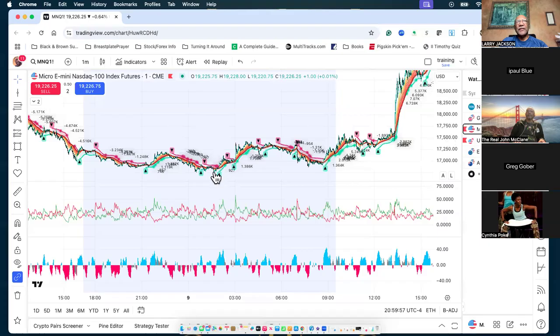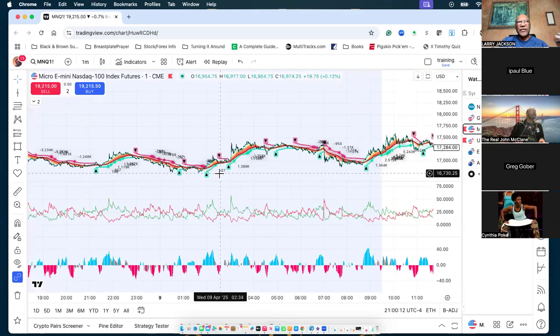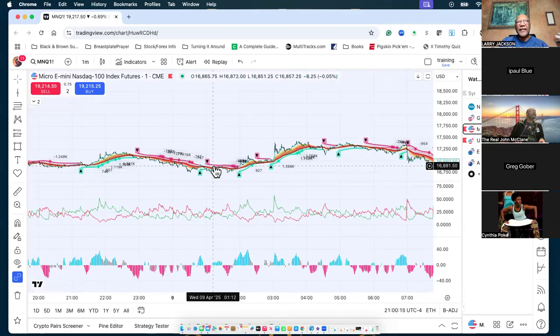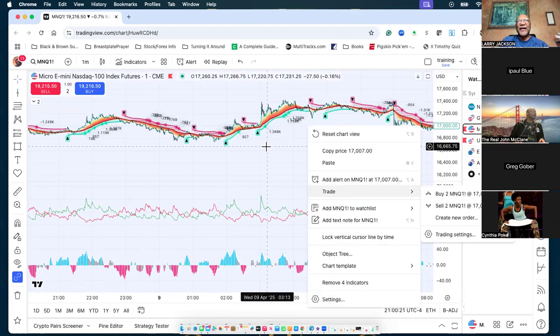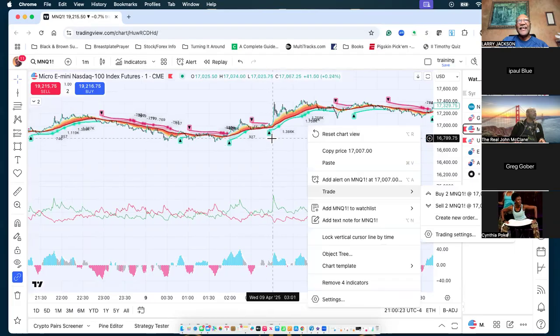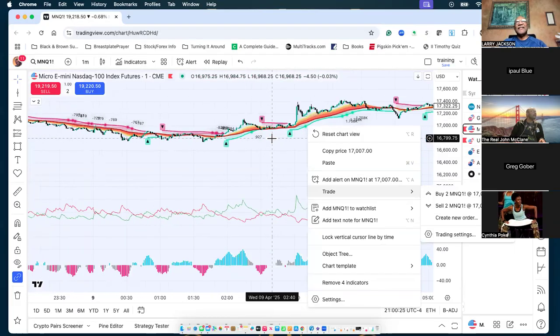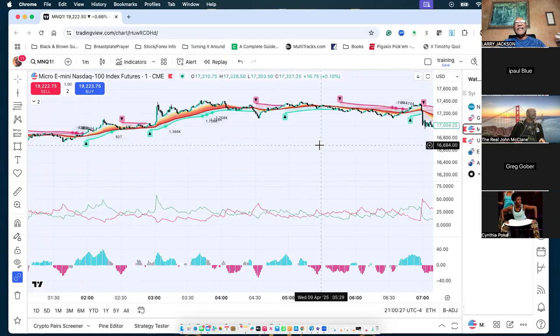No, you're not, because the ribbon is together. I don't care what the DMI was doing, what the QQE was doing, or what the volumatic says. It didn't make any difference because the ribbon is together. The only little spot that showed up would have been around about here, and nope.